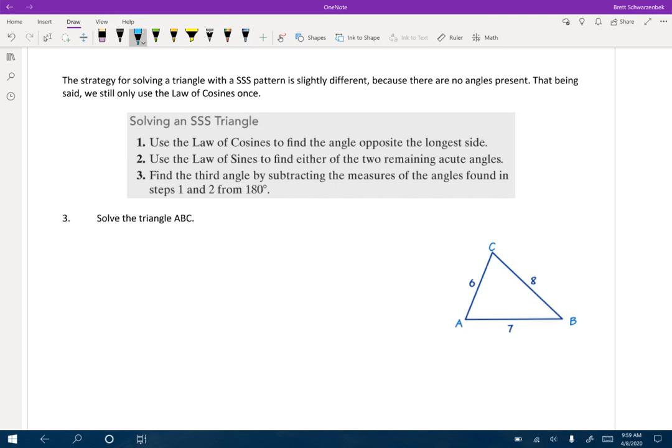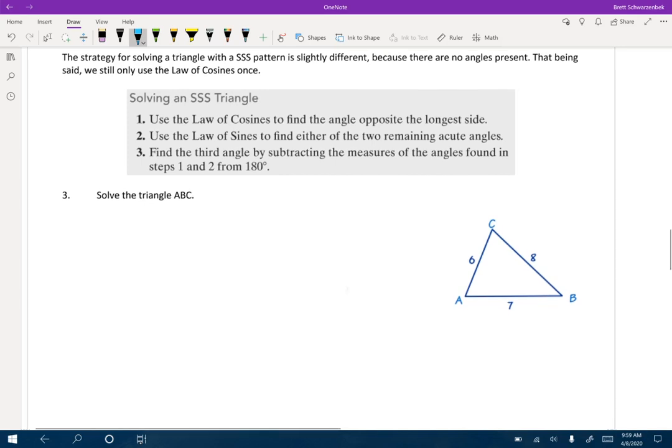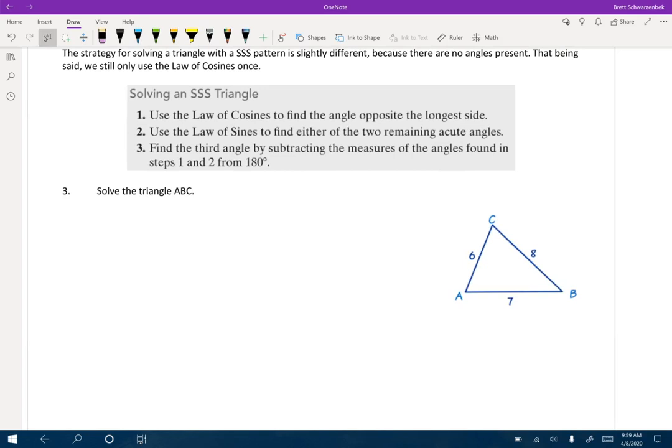So we're going to start with an ABC triangle, just so that we have the formulas down when we're doing this. But again, there is a part to the strategy that you must follow, or you will not get what you need out of the problem. So the key is, we again need to start with the law of cosines. Let's read. It says, use the law of cosines to find the angle opposite the longest side.